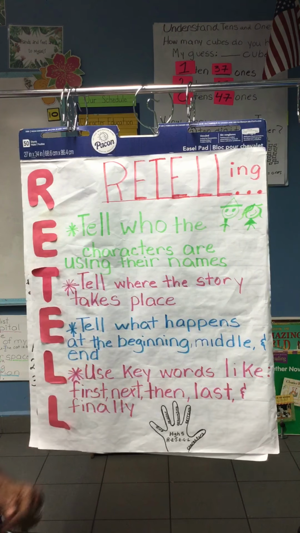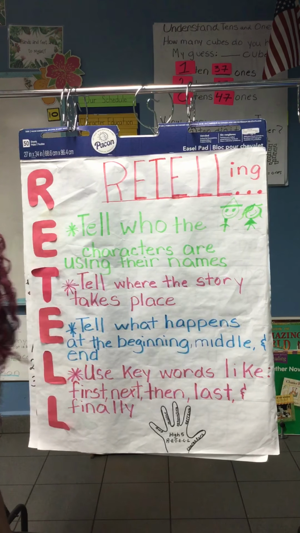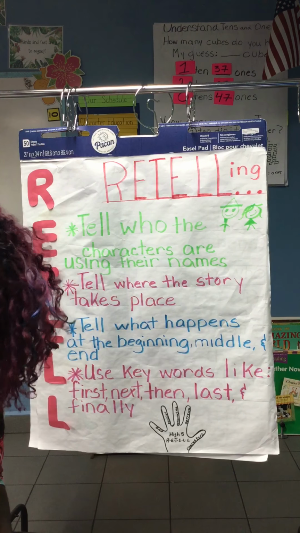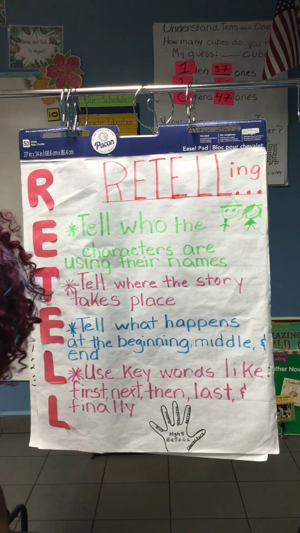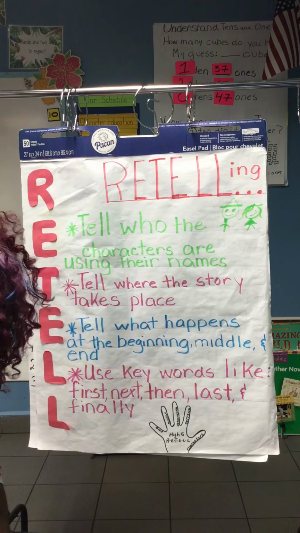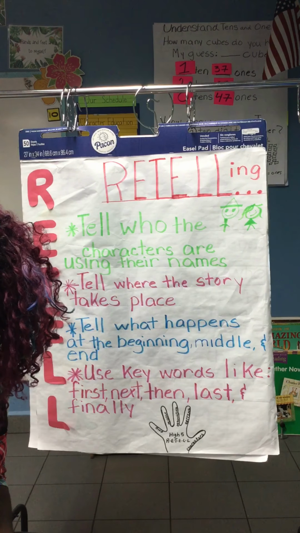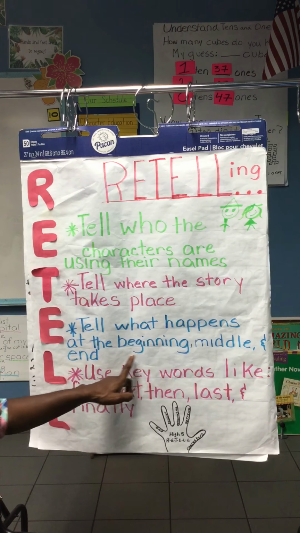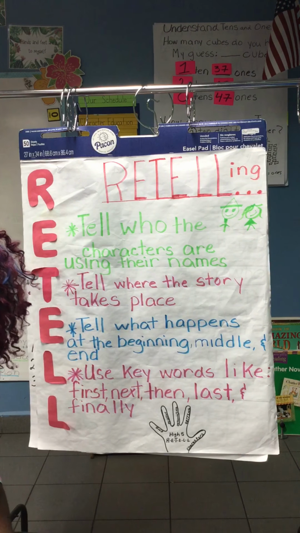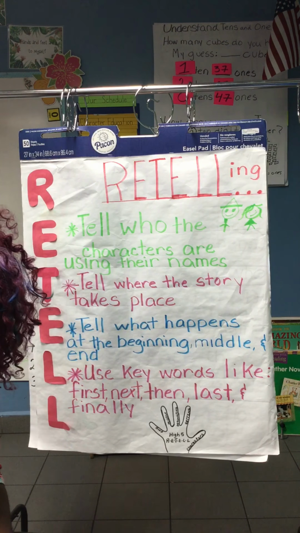Now another thing that we need to do is tell what happens at the beginning, the middle, and the end of a story. What happened at the beginning of the story? When you read the story, you tell me what happened at the beginning. Then you tell me what happened in the middle of the story. Do you tell me the entire story?